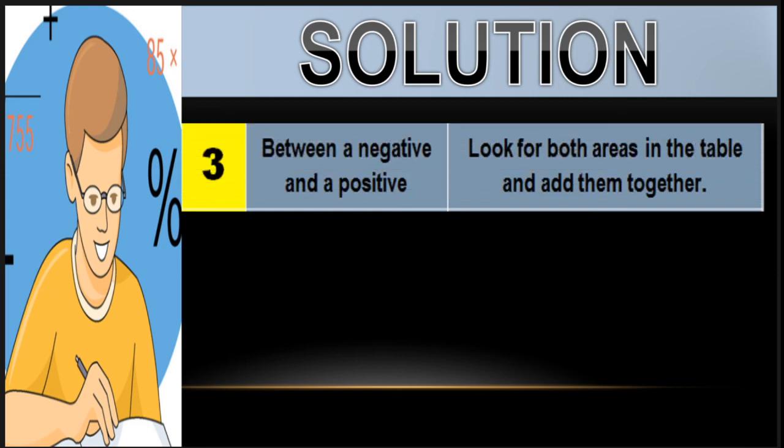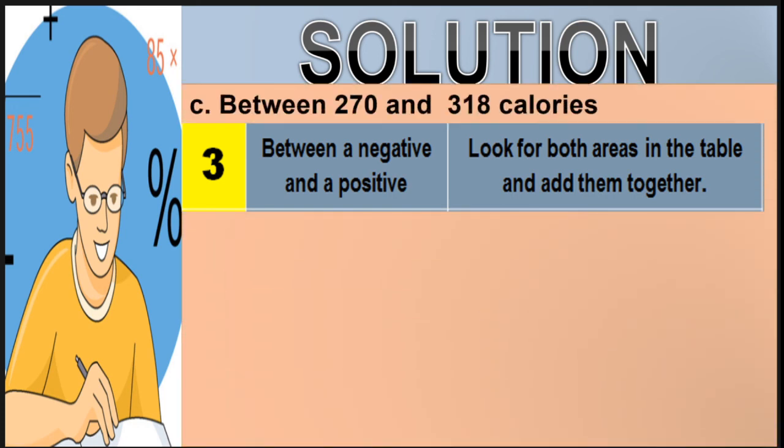And for set C, we need to determine the probability. So we also need to look for the area in the z table and use the situation that may arise when asked to find normal probabilities, and it is between two different signs. So we look for both areas in the z table and add them together.